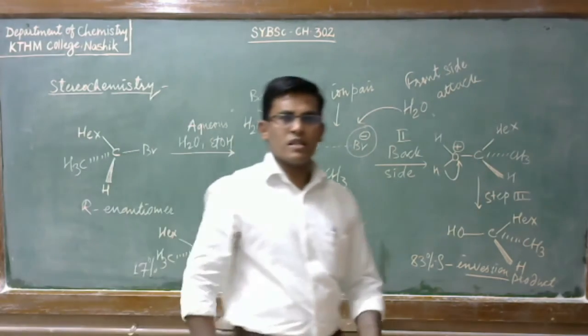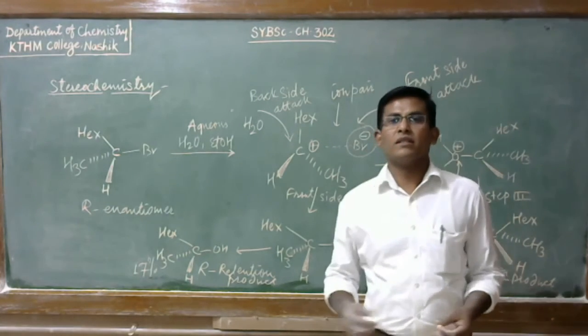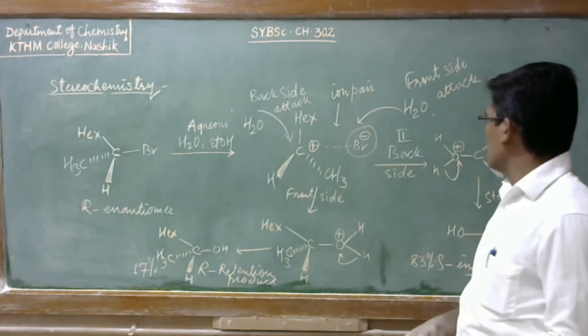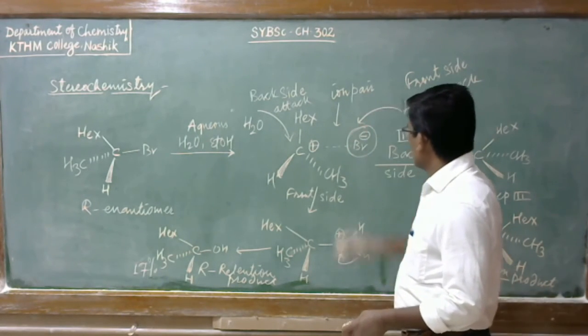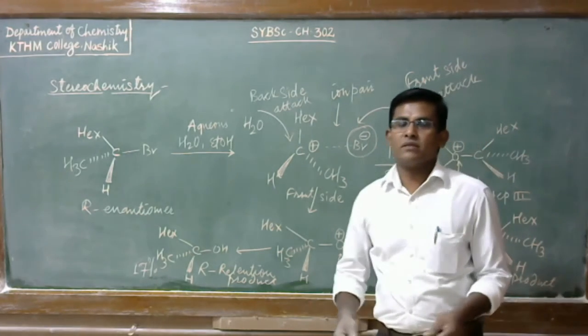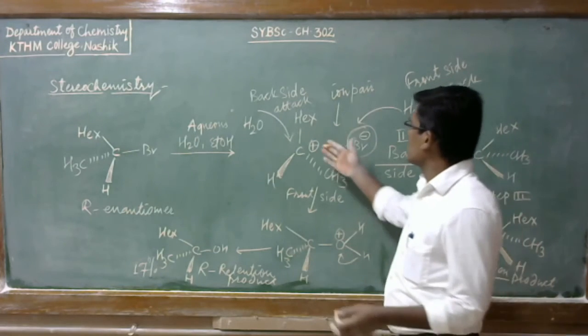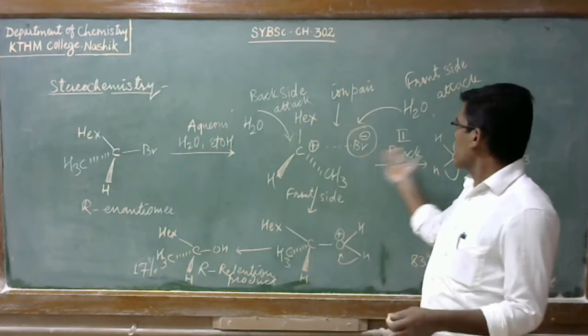So it clearly shows that the retention product is less and the inversion product will be more. Because of the close proximity of the bromide ion with the carbocation for some time, it doesn't allow the nucleophile to attack.